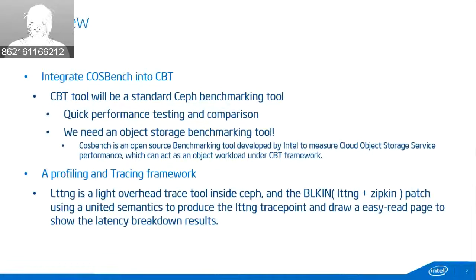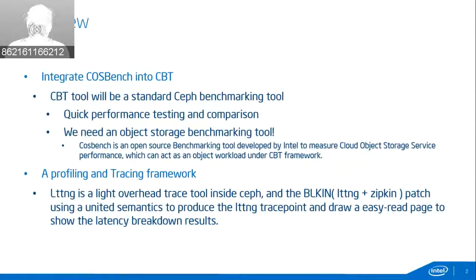The later part is that we have been trying to do latency breakdown for several months. At first we added the trace points manually, I think from the Dumpling version, and it is very complex, difficult and time consuming to add those trace points manually.